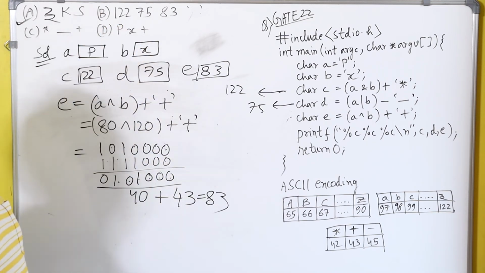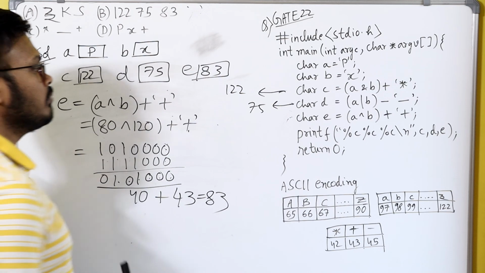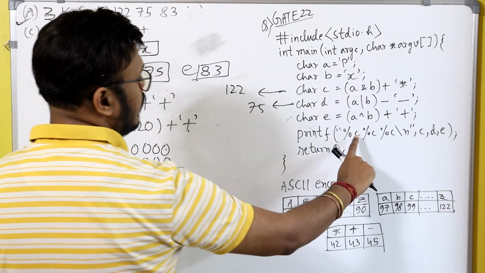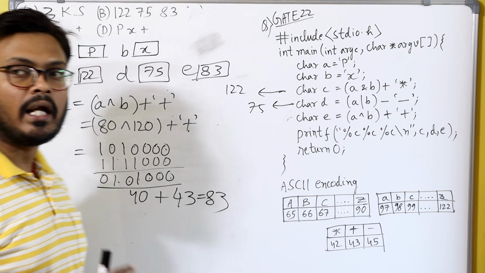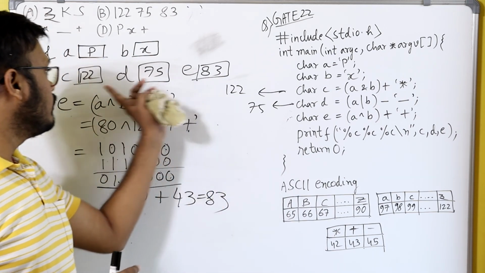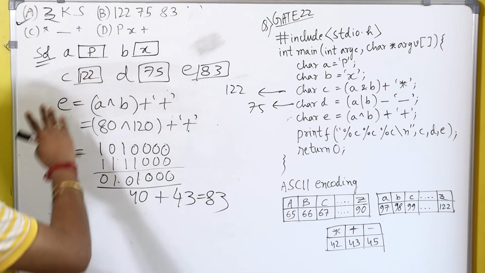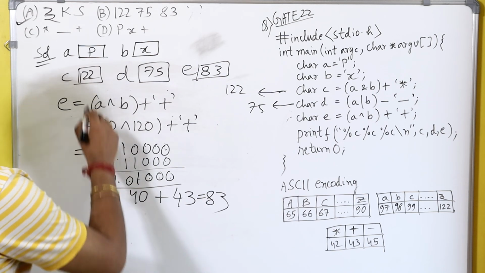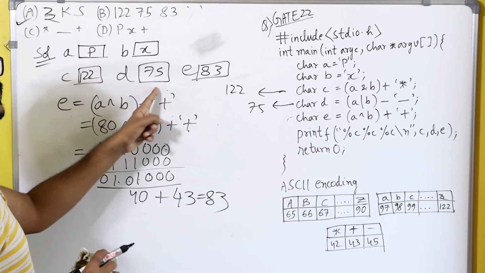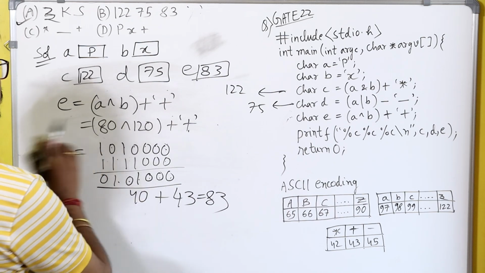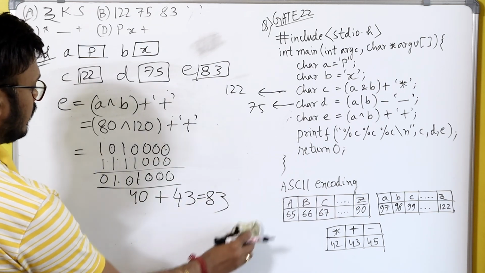They will select this option, option B. But option B is not a correct option because in the printf you see %c is there. It means what? We have to write the corresponding character of these decimal values, okay, of these ASCII values. So what is the corresponding character for this ASCII value? 122, then 75 and then 83 we have to write. So let me rub this part now.